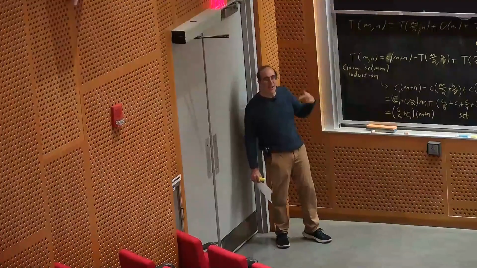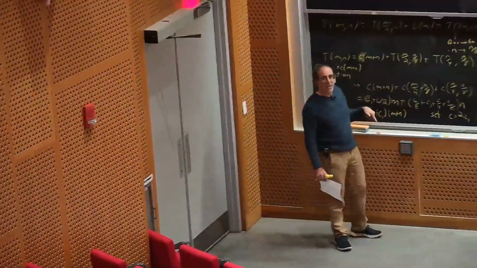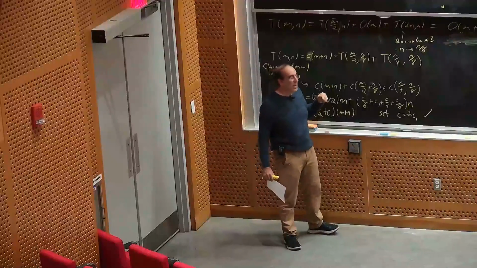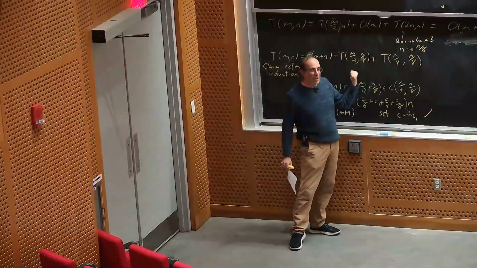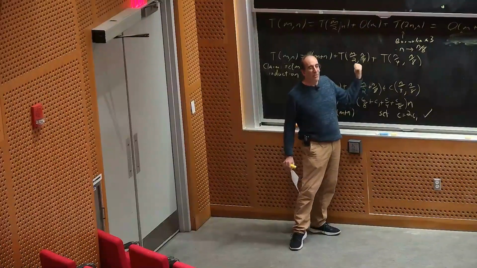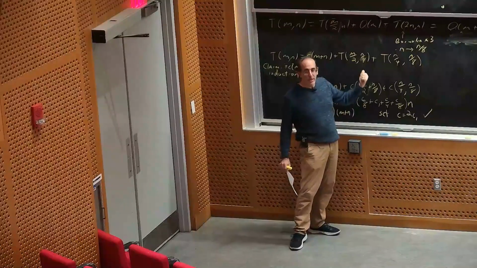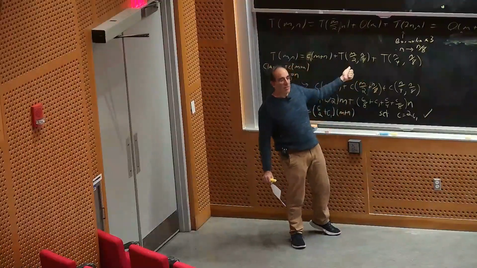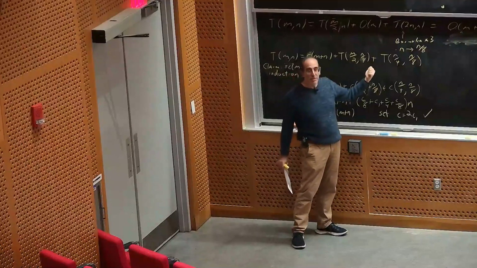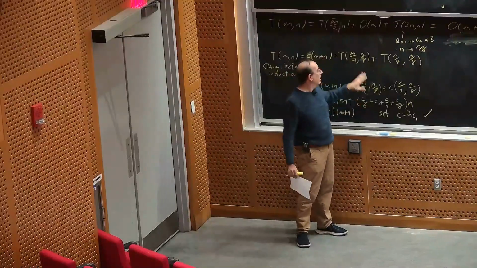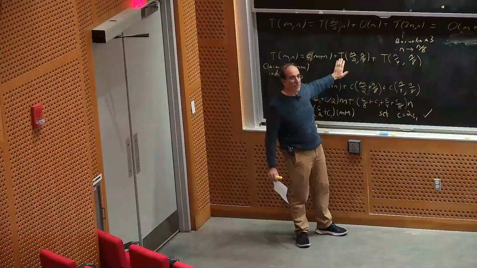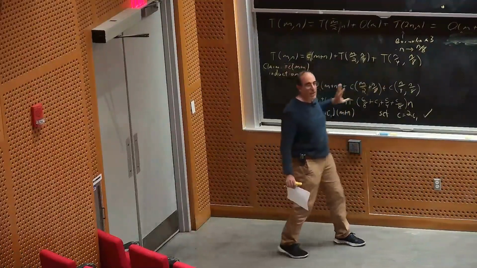I can treat the expectations as the actual values because it's a linear recurrence. If the recurrence had any nonlinear terms in it, it would be an invalid analysis. But all of these terms are linear, so linearity of expectation works. You can think of T as the expected runtime recurrence. So that works out for the expectation.